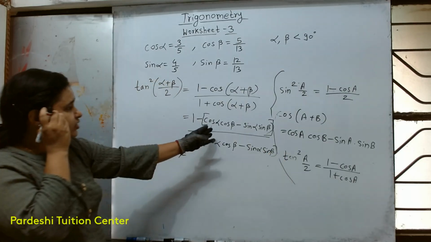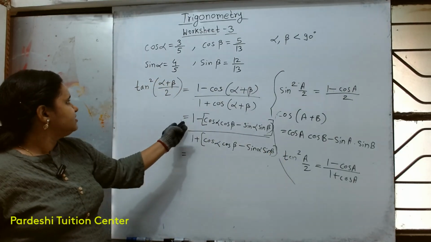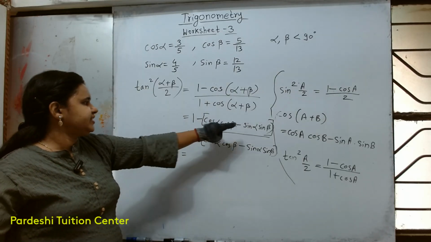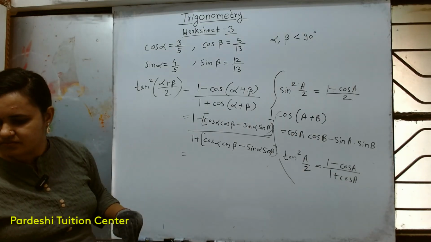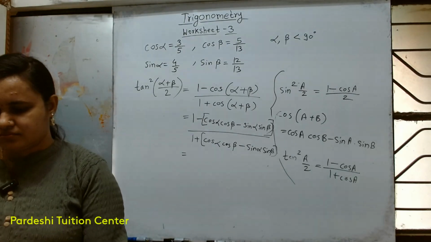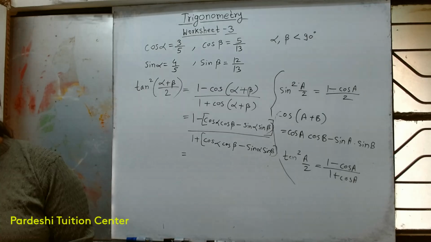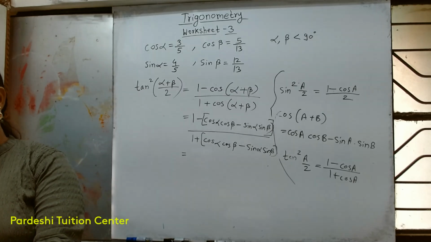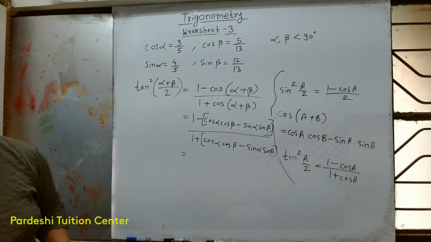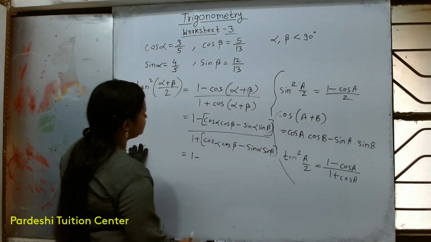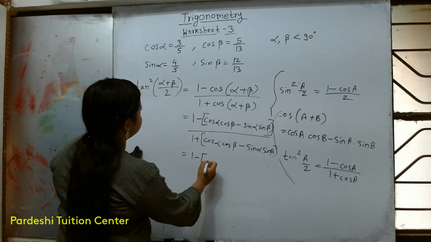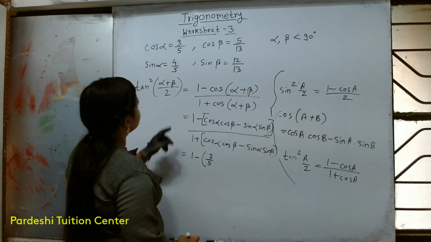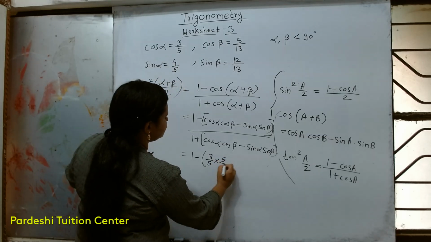Now we have just calculated the values of this in question 17. So again we will calculate 1 minus cos alpha cos beta, that is 3 by 5 into 5 by 13.